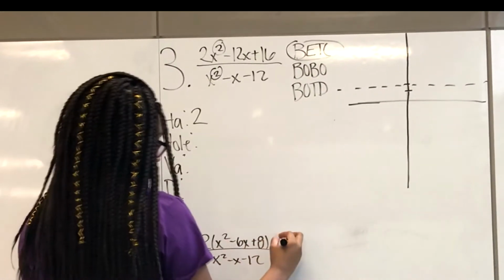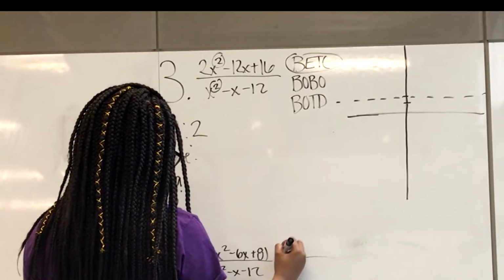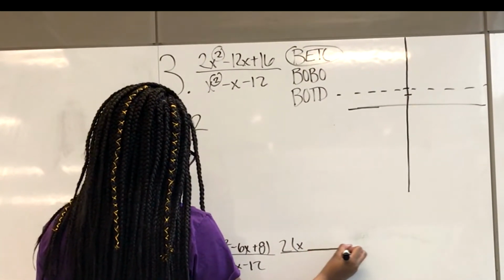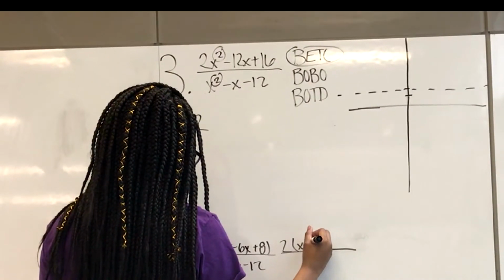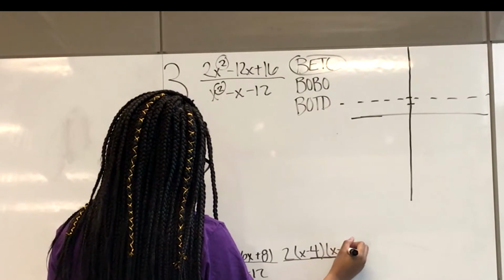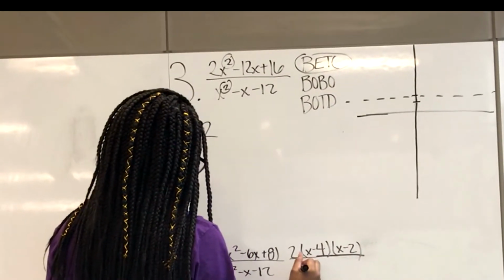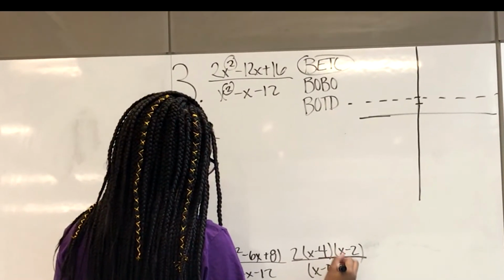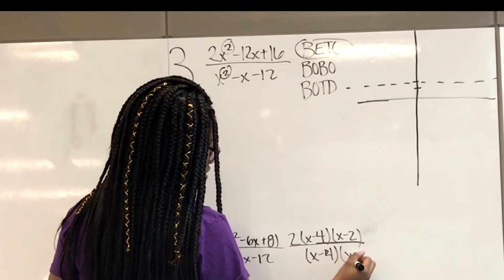Now we go factor these out. So 2, then x minus 4 and x minus 2. And then on the bottom, x minus 4 and x plus 3.